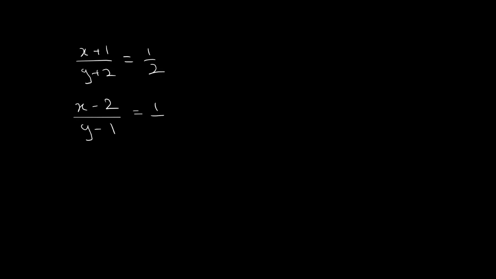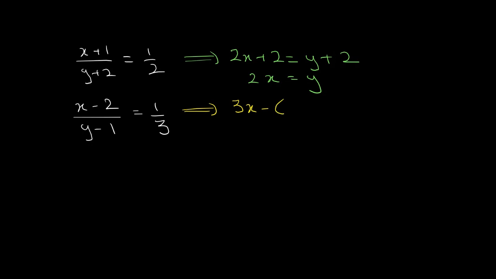So what we can do is just cross multiply. If I cross multiply, this becomes 2x plus 2 is equal to y plus 2, which is really the equation 2x is equal to y. And the other equation, if I cross multiply, becomes 3x minus 6 is equal to y minus 1, which really is the equation 3x minus y is equal to 5.